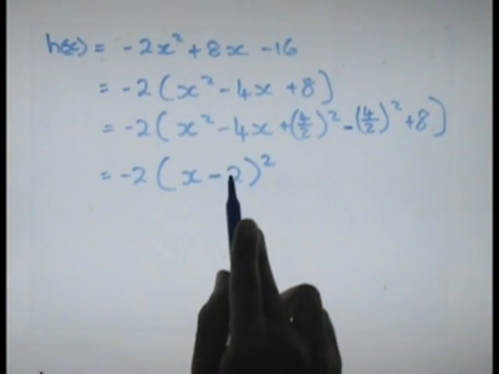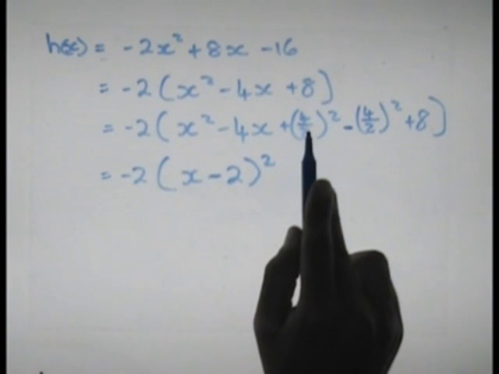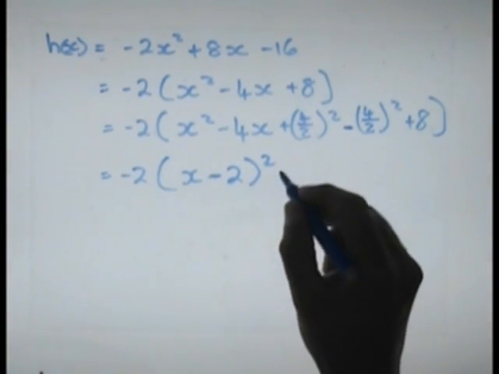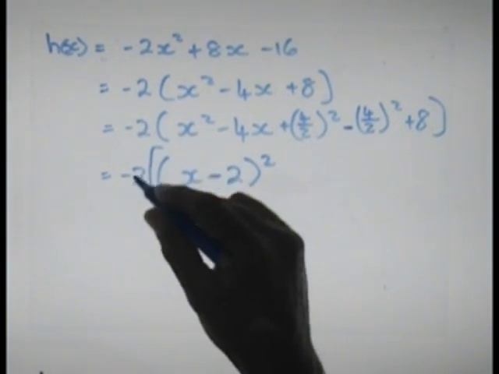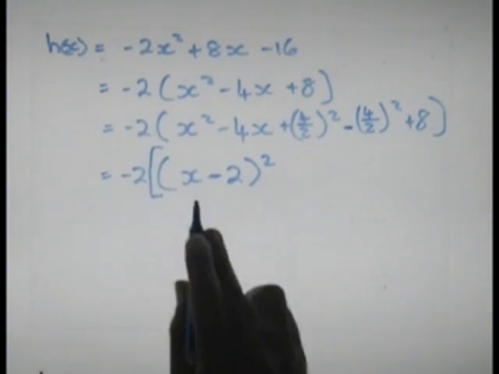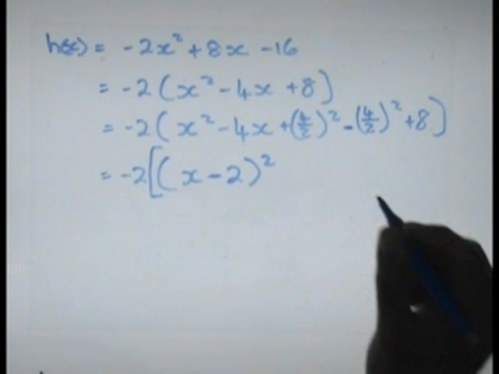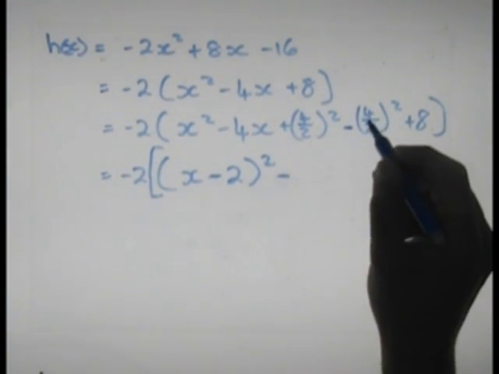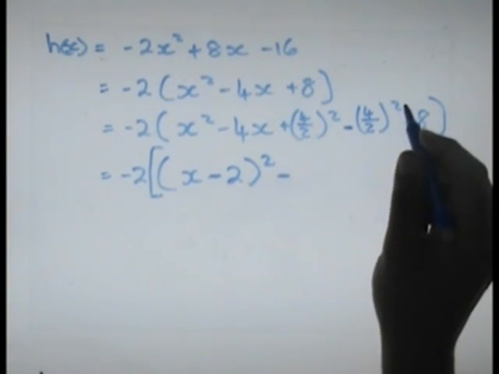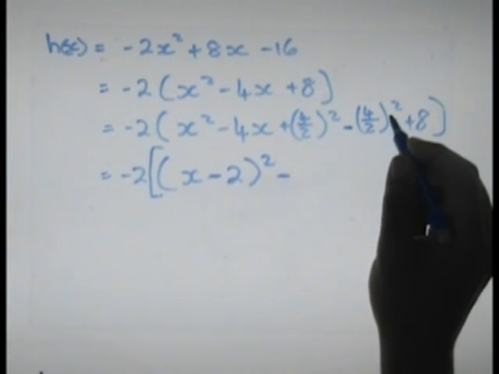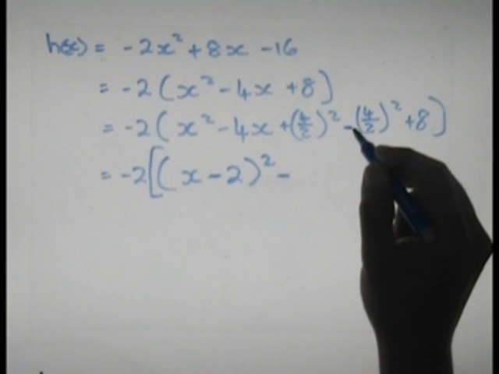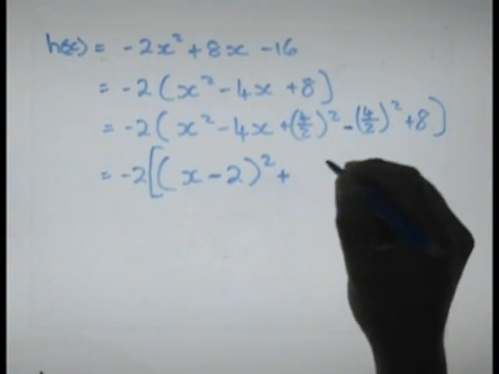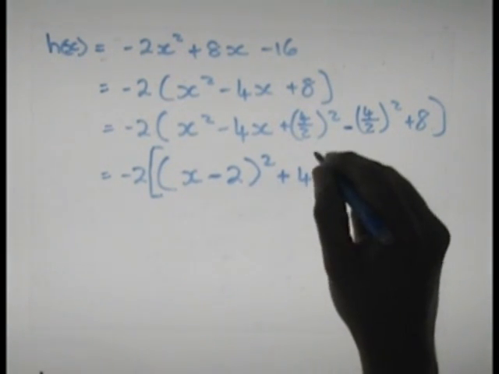Minus 2 times minus 2 is positive 4. (4 over 2) squared is 4. The negative 2 is still outside that bracket, so that became (x minus 2) squared minus (4 over 2) squared, which is 4, times a negative, which makes it negative 4, plus 8 gives me positive 4.